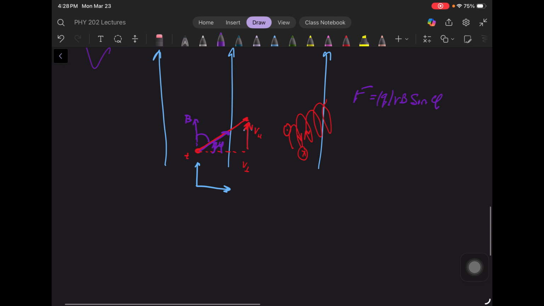And so V parallel is going to be V cosine phi, which means our V perpendicular is going to be V sine phi, and there we go.